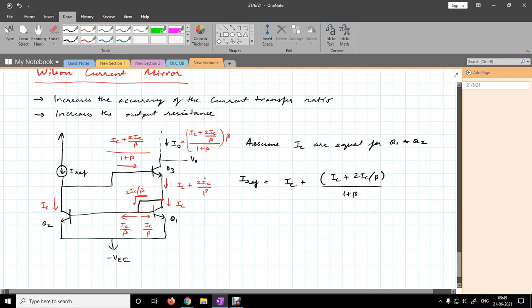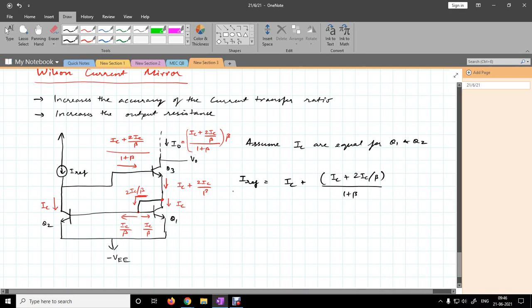Divide that by 1 plus beta and you should get the base current of Q3, which is IC plus 2IC by beta divided by 1 plus beta. From the base current of Q3, get the collector current of Q3 by multiplying the base current with beta. That will give you I naught.